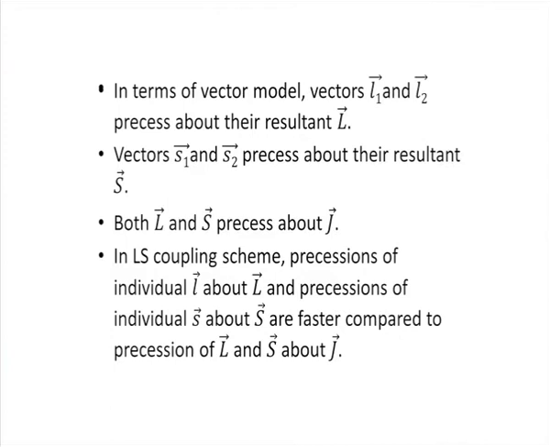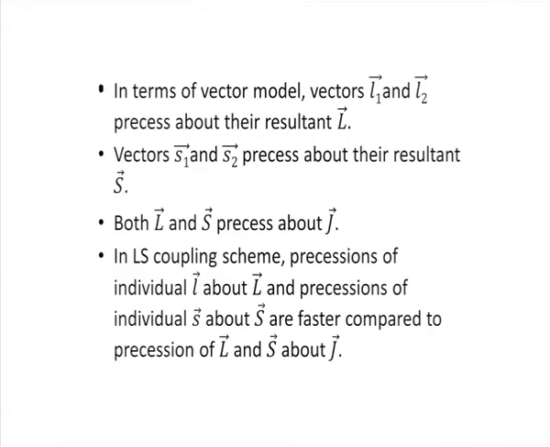In LS coupling scheme, precession of individual L about capital L and precession of individual S about capital S vector are faster compared to precession of L vector and S vector about J. This is an important point, which precession is faster and which precession is slower.